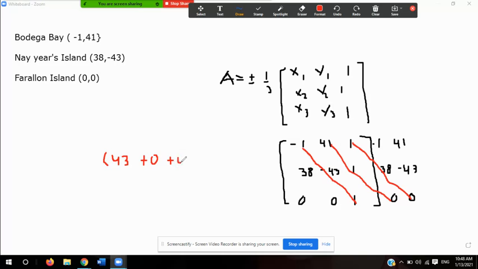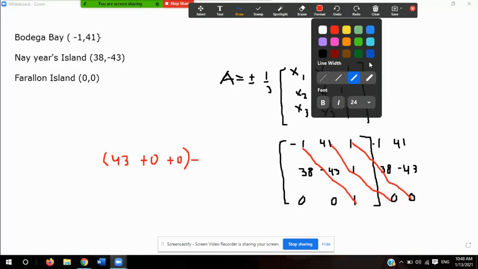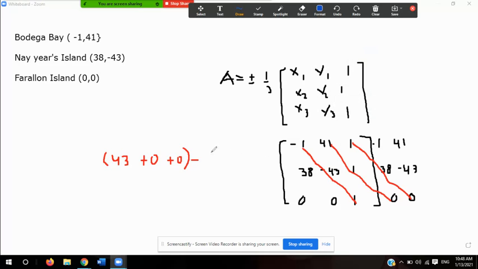So now we're going to find the other side. So minus. And now we're going to do the same thing. Let me change the color of my marker here real quick. So we're going to say 0 times negative 43 times 1, and all this would equal 0.